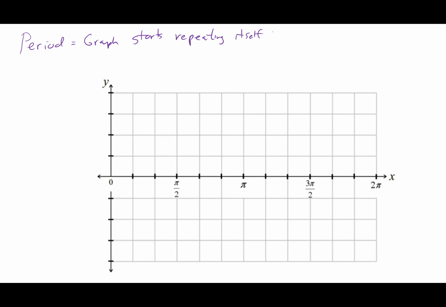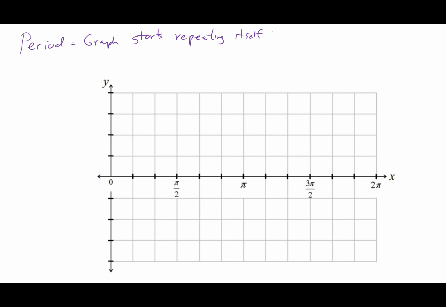We already know these because we know trig functions. We know that sine and cosine start repeating themselves once they pass 360 degrees, or 2 pi. So what we do is we designate this little piece to be the value here. There are two different ways to think about it.